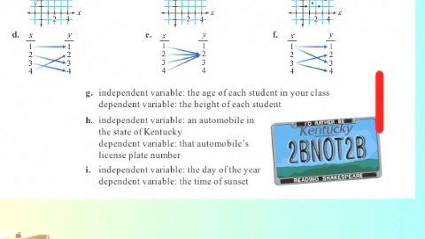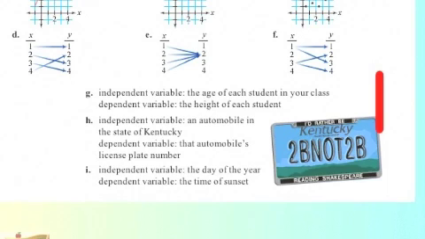I says the independent variable is the day of the year and the dependent variable is the time of the sunset. You could argue either way. To me, this means the sunset at the same time on the same day of the year. And the answer is no. We can approximate when it will set, but we cannot say that it is exactly the same.